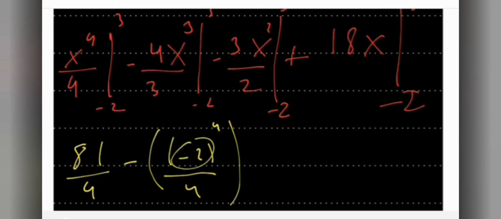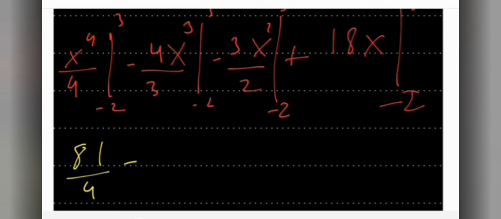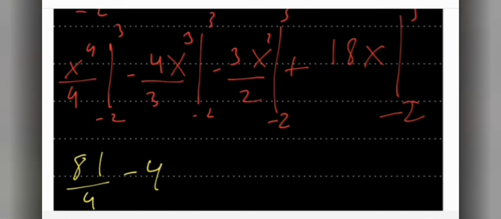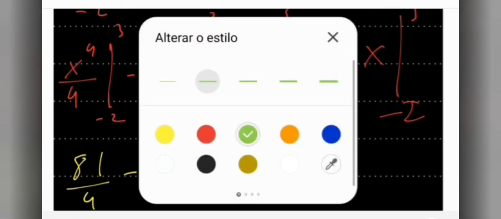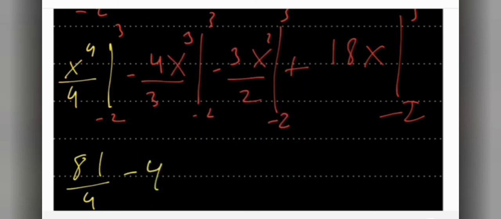Now notice minus 2 to the 4th will become a positive number, 16, divided by 4 will be 4, okay? So it is minus 4, okay? Now this part over here is the yellow part, okay?